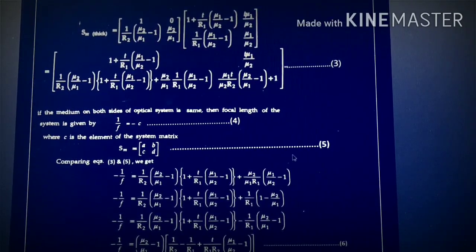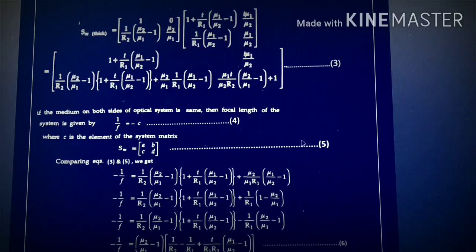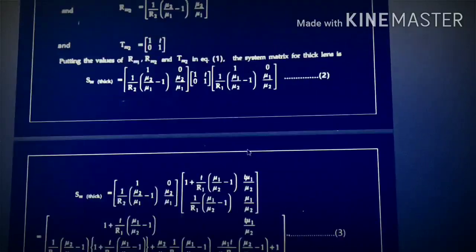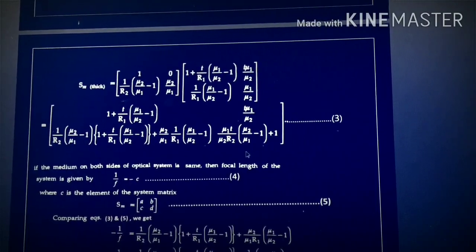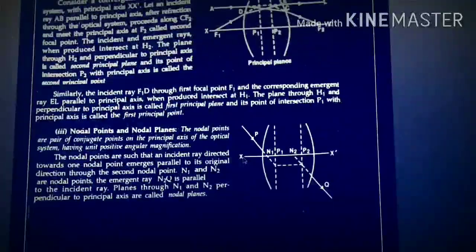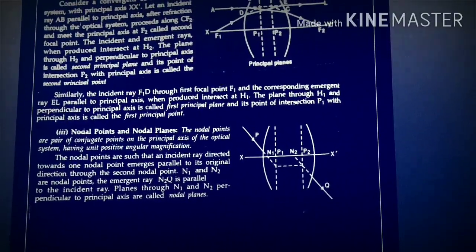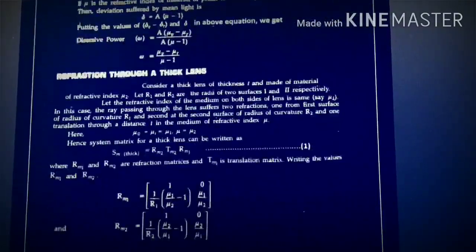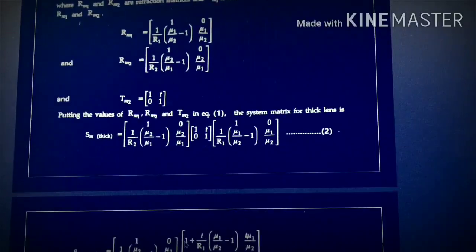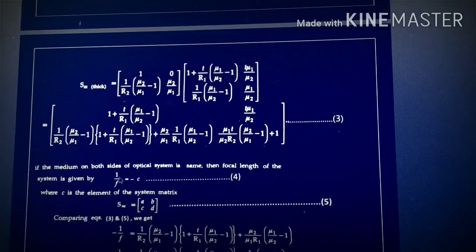Let us consider that the medium on both sides of the optical system is the same. If we consider the optical system in this case, look at the system. If these sides are equal, then 1 by f equals minus c.